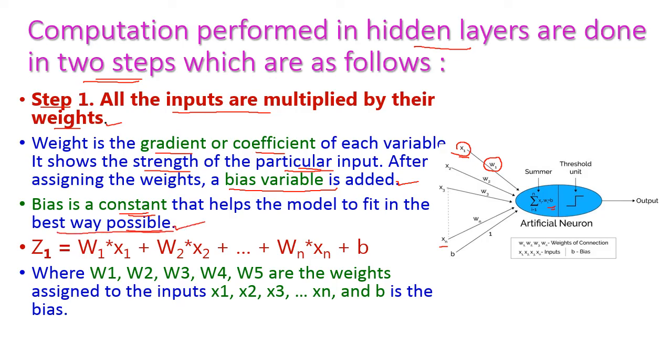Okay, finally the output of summer is Z1, which is equal to W1 x1 plus W2 x2, etc. up to Wn xn plus B. B is nothing but bias, that is the constant value. Here W1 to Wn are the weights which are assigned to the inputs x1 to xn, and B is added finally.